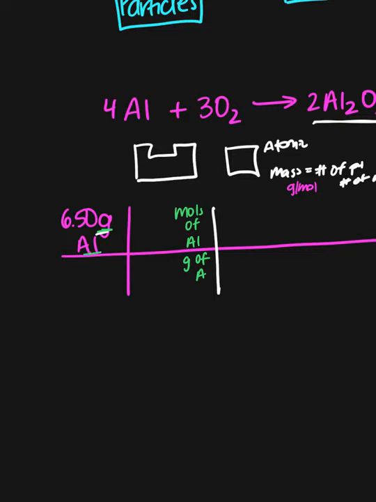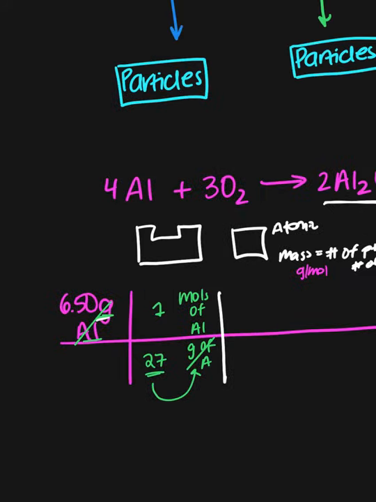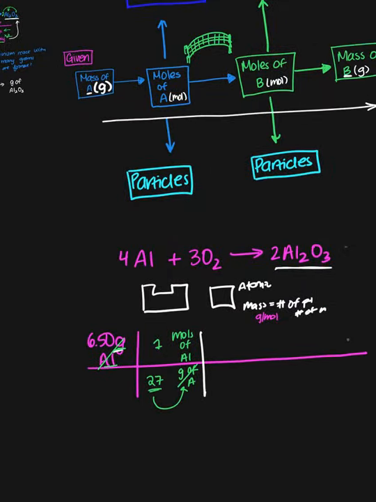So we have 27 grams of aluminum per 1 mole. Now we've gone from grams of A to moles of A. Now we have to convert from moles of A to moles of B. I like to call that the mole bridge, but it's the same idea as looking at the coefficient. You have to use the mole ratio.